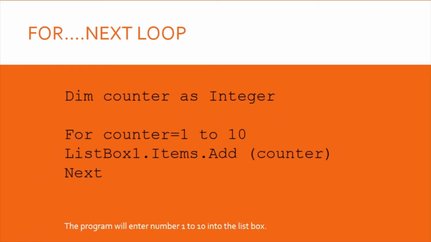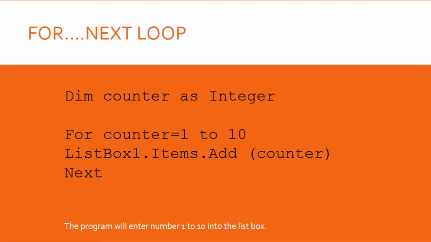Okay, example here, we declare counter as integer. So for counter equal to 1 to 10, we add the counter inside the list box. In order to do this process, we need to use the loop because the process is iterative or repetitive, repeated from 1 to 10.